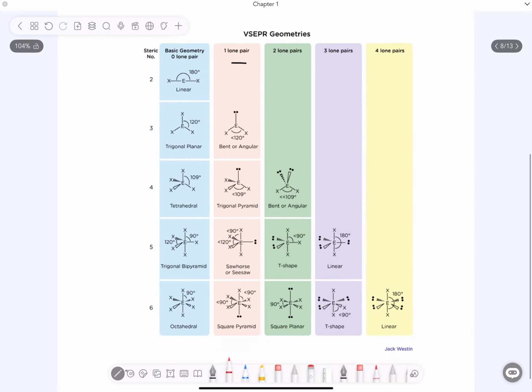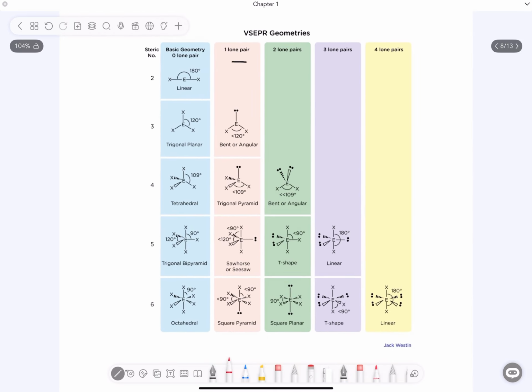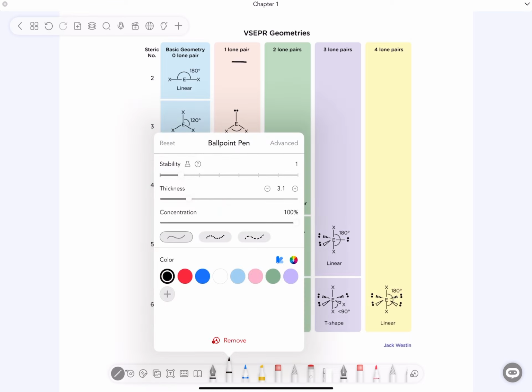Now, my most recent video went over and explained all these different shapes and steric numbers and lone pairs and bonds. So I'd recommend watching that or learning through Quizlet or just taking a screenshot and learning all of this.